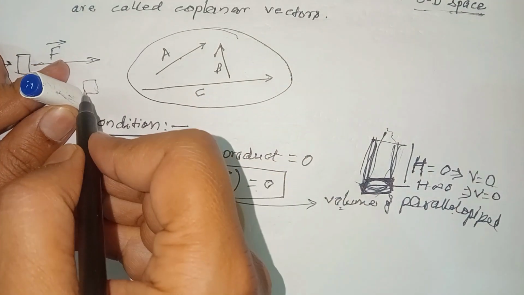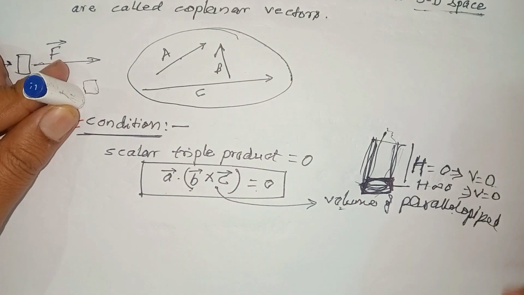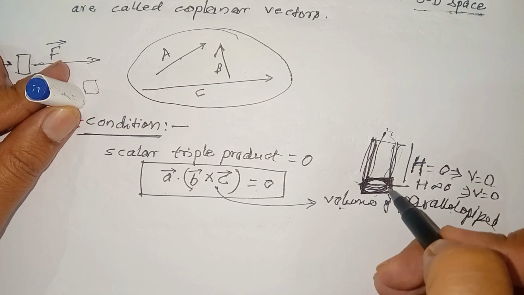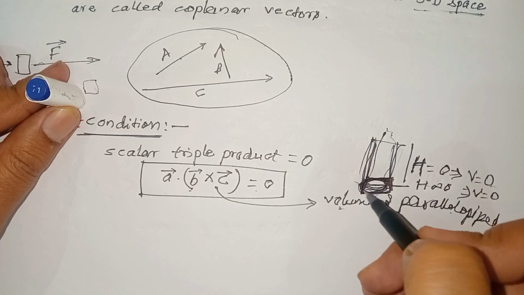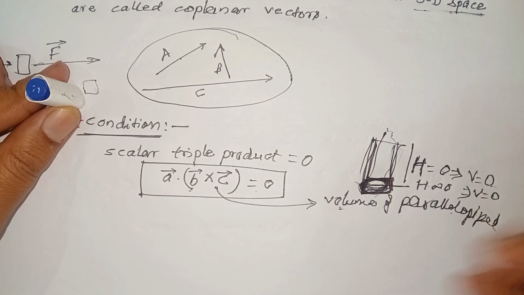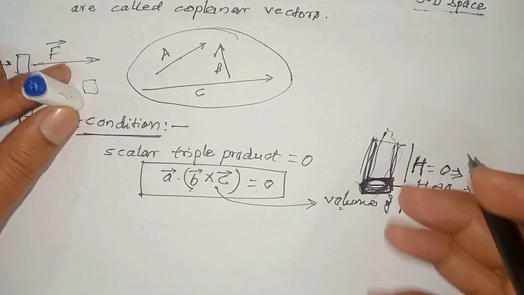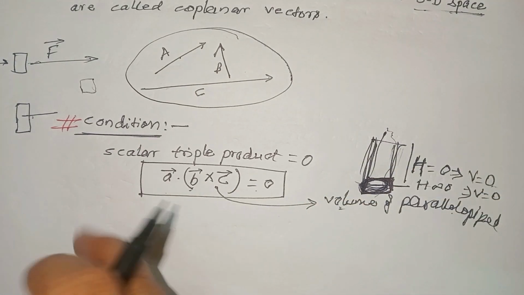So if the height is 0, we can assume the vectors are lying in the same plane, that is the base of the parallelepiped, and the base is a plane. So the vectors are coplanar when the scalar triple product is 0.